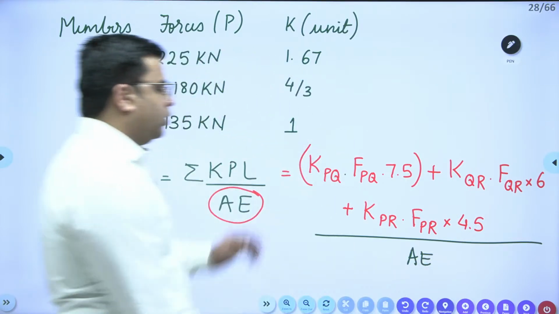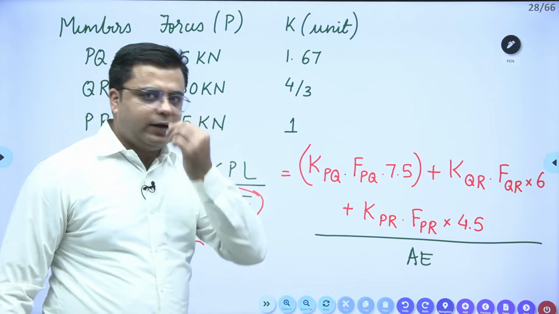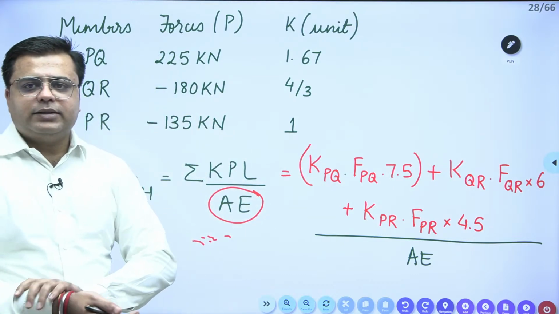You can just substitute all these values and get the total deflection that will be occurring. Please get me the answer.